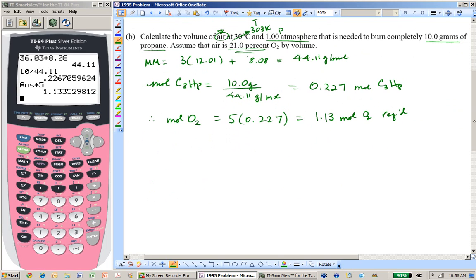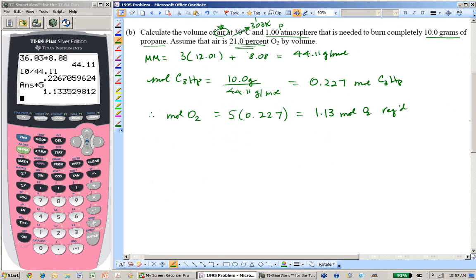So now I'm ready to actually use the ideal gas law and get to solving. So PV equals nRT, and I seek the volume of oxygen. I really seek the volume of air, but this is the best I can do for now. And so that's going to be nRT over P, so this is also moles of oxygen.